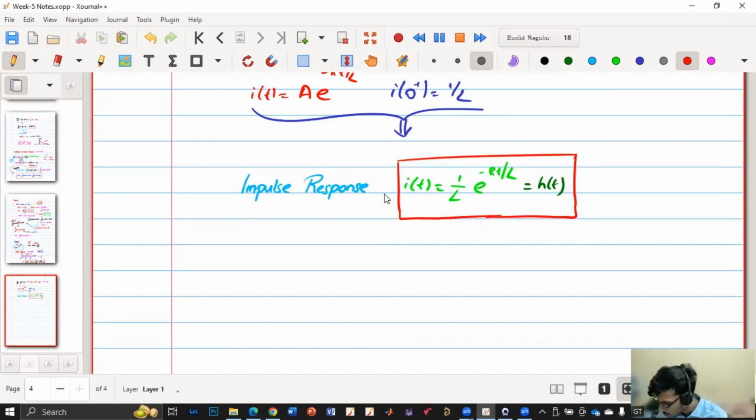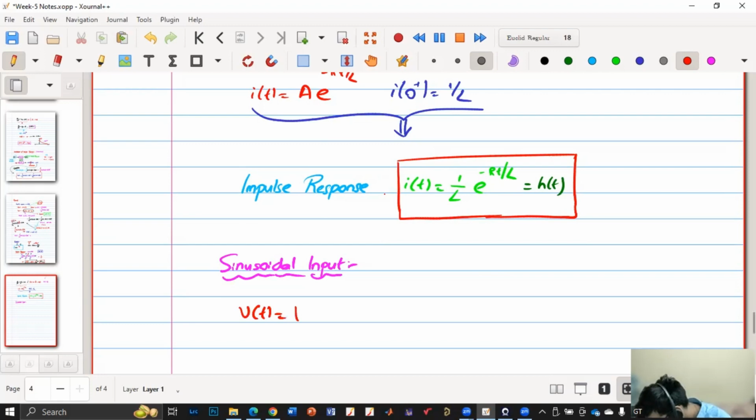So now I'll consider a sinusoidal input for the same system. And here my input v of t is equal to Vm sine omega t.